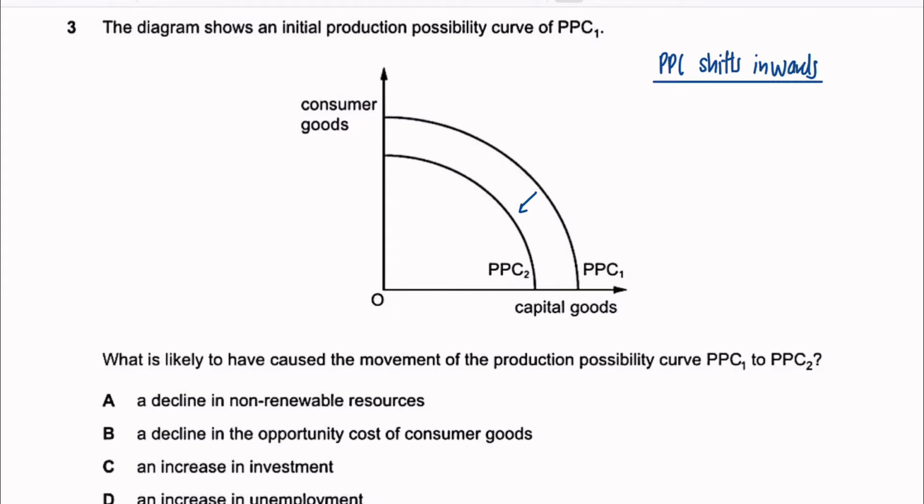Before doing this question, we need to know there are 4 main reasons why a PPC will shift inwards. The first reason can be due to a reduction in the labor force. The second one is a reduction in technology or a reduction in capital, I would say.